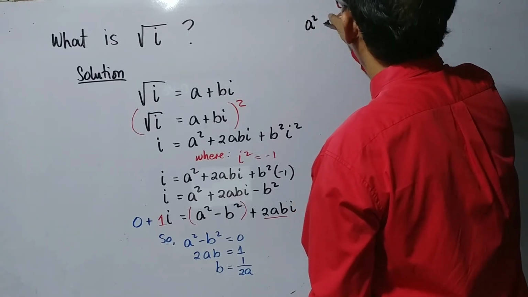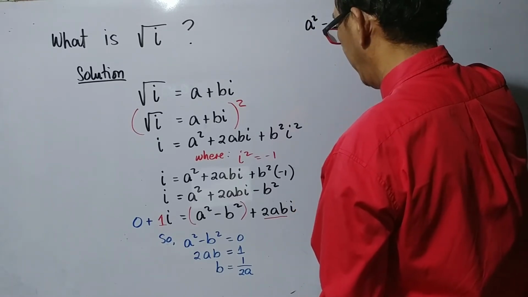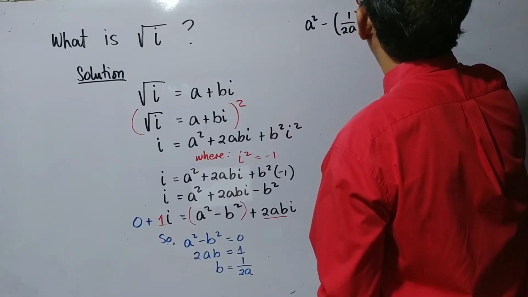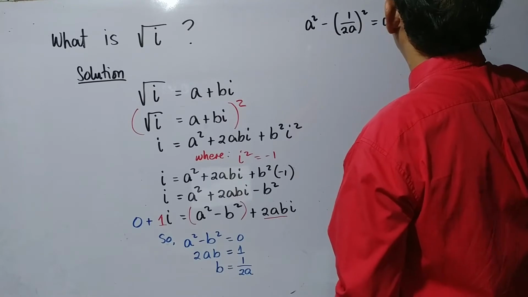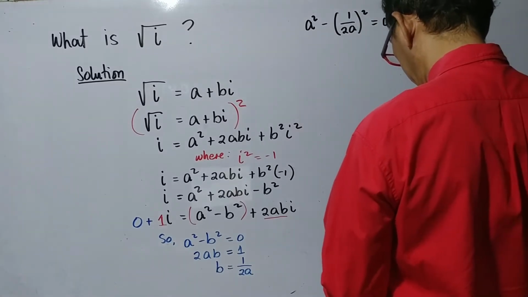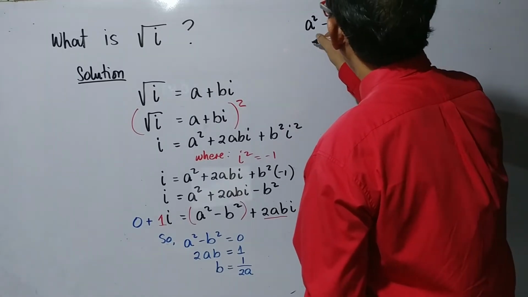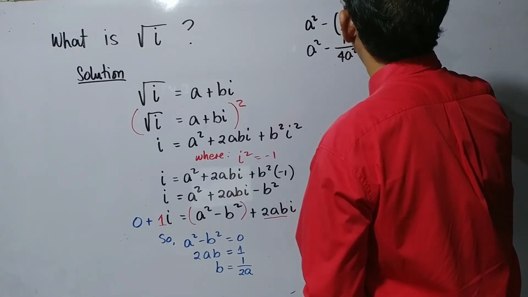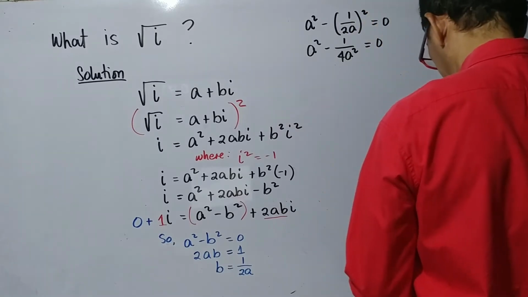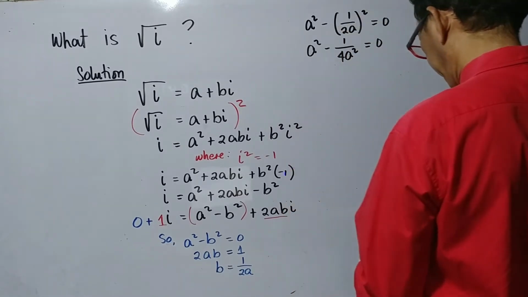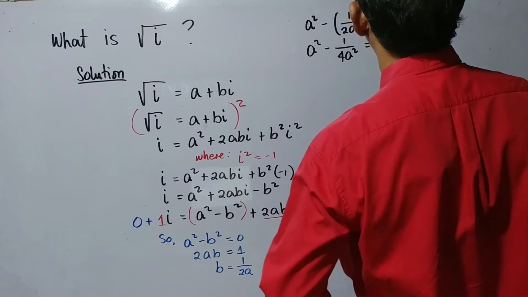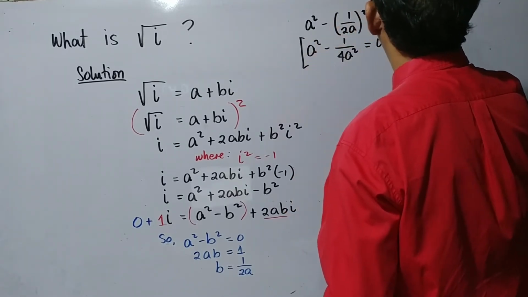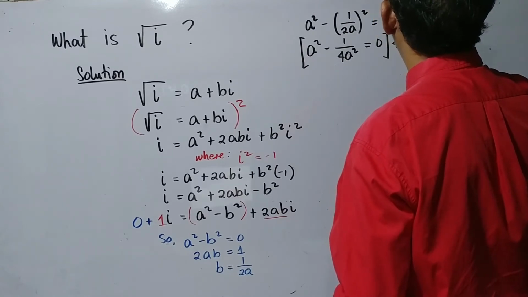a square minus 1 over 2a square equals 0. So we have now a square minus 1 over 4a square equals 0. You multiply both sides by 4a square.